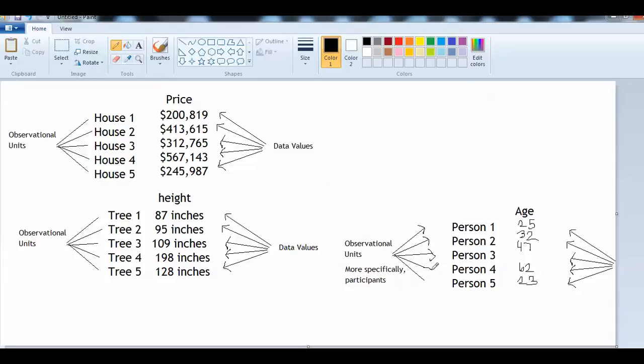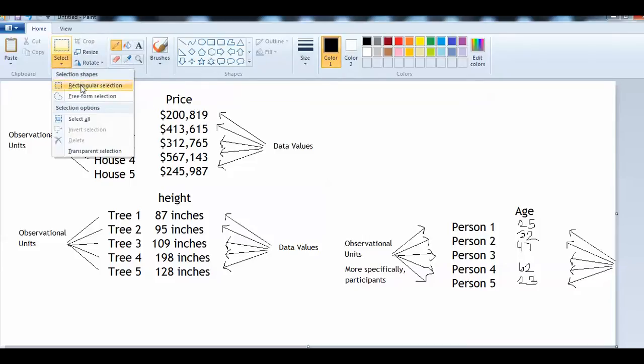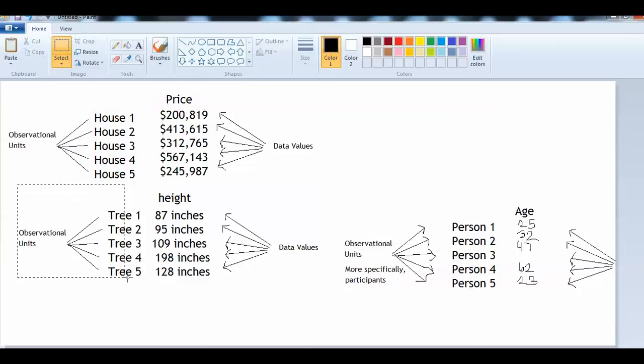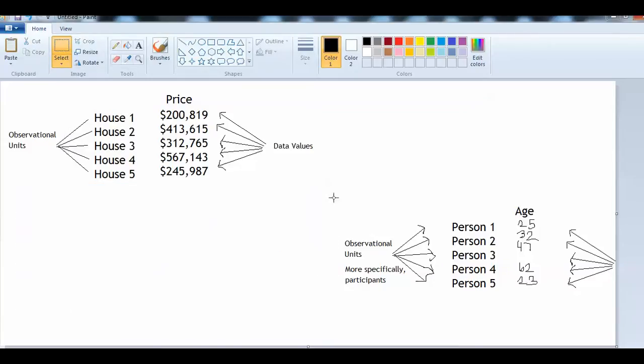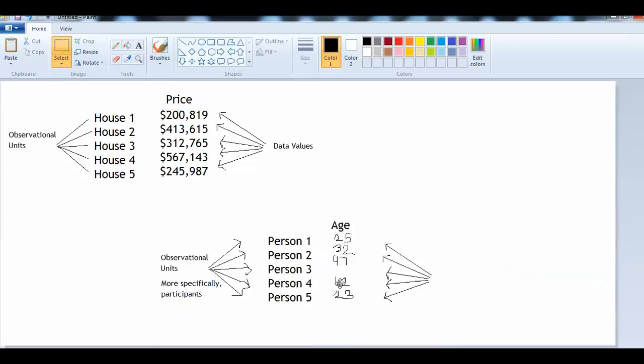Now let's talk about what a variable means. So first I'm going to erase this example, since I don't think I'll be using it anymore, and I'll move this over here.